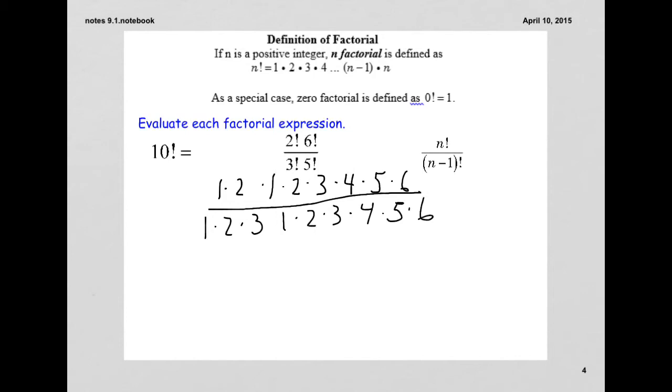Oops, I'm sorry, one too many there. It's not times 6, just times 5.